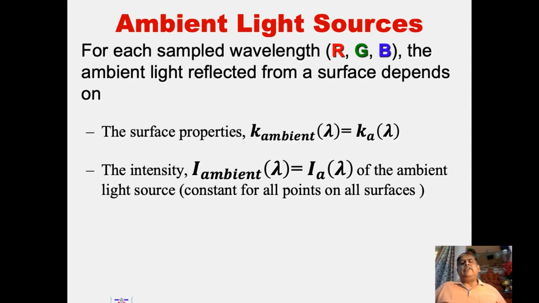Of course, the surface property is wavelength dependent, as we have seen in this piece of plant, where it reflects green color because it has the property such that the green gets reflected, and therefore Ka is a wavelength dependent property, K ambient.